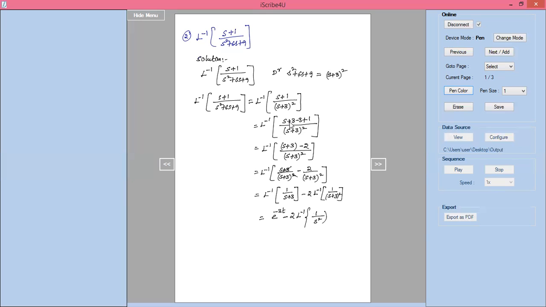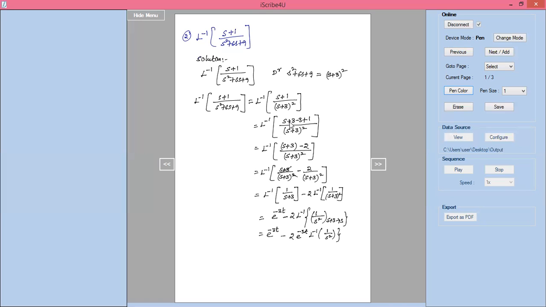Now we will write e power minus 3t minus 2 into e power minus 3t into L inverse of 1 by s square.